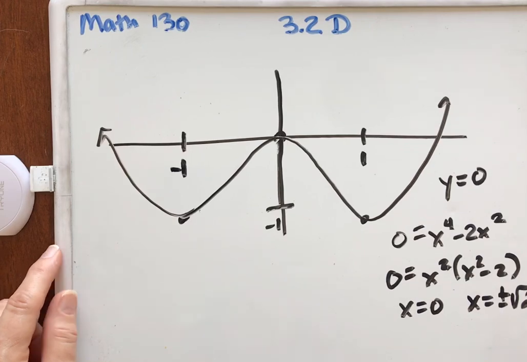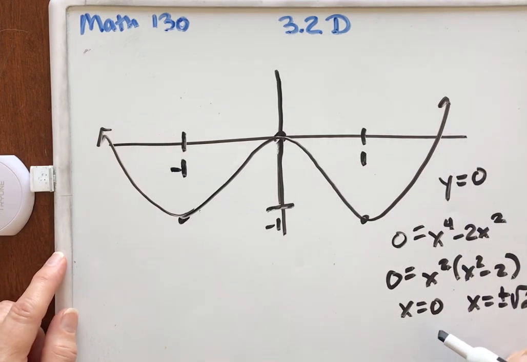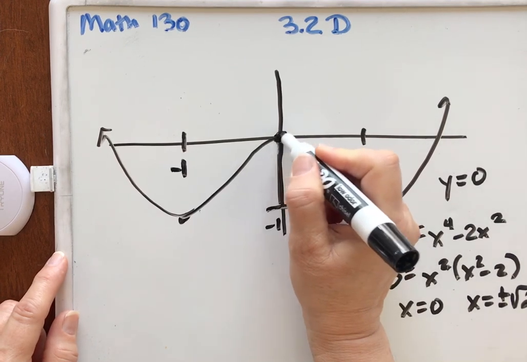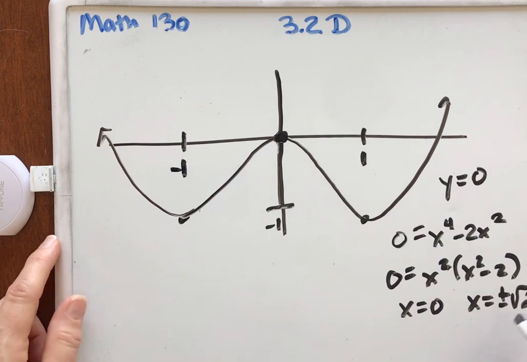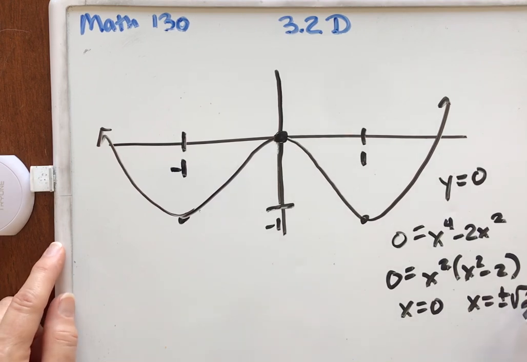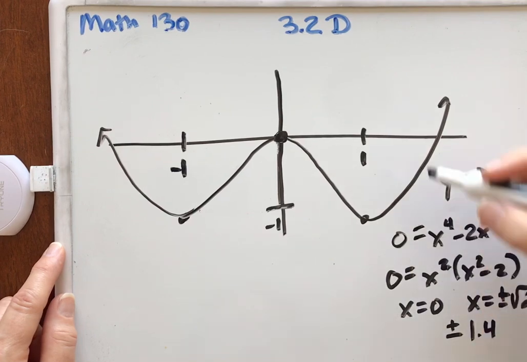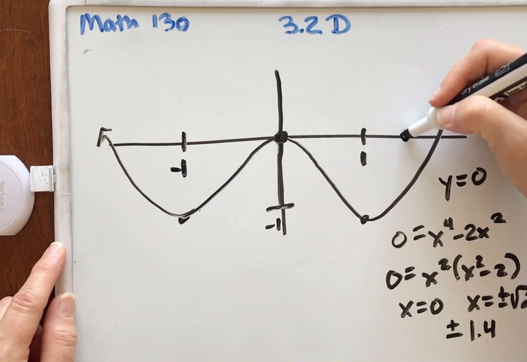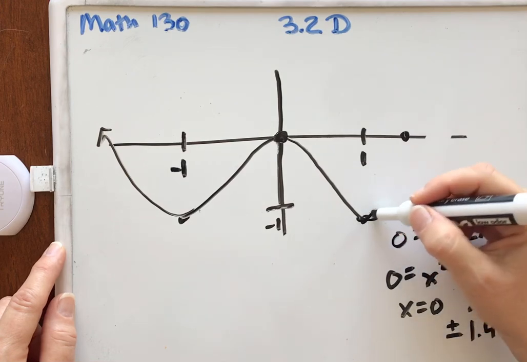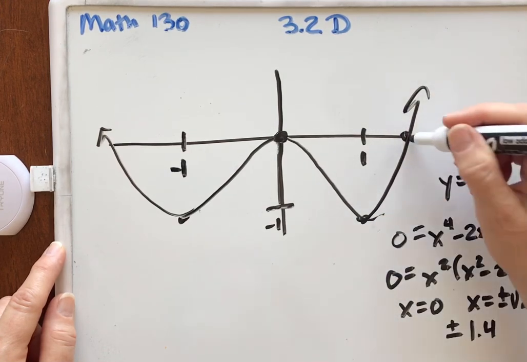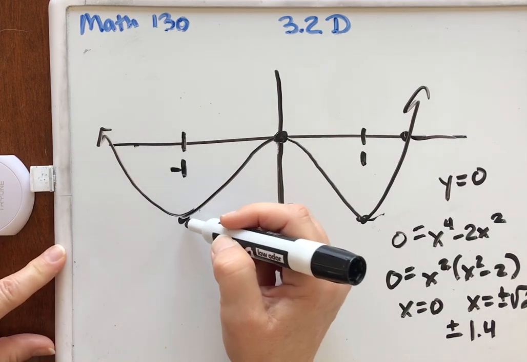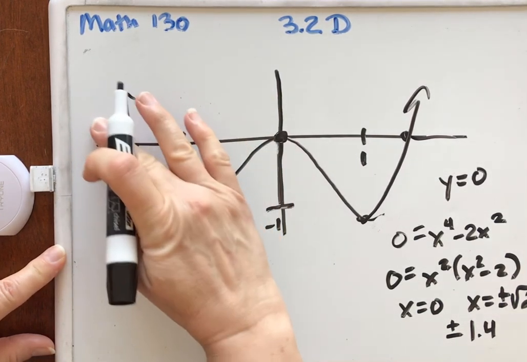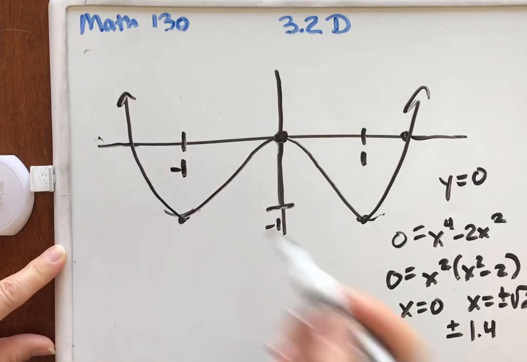So that's where we would put where it crosses 0. We know it crosses the y-axis at 0. There's our first one. And our second one is plus square root of 2, which is approximately 1.4 here. So 1.4 is about here. So it's going to look something like this. And negative 1.4 is about here. There you go. And we're all done.